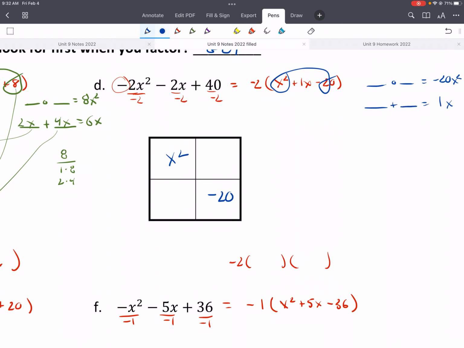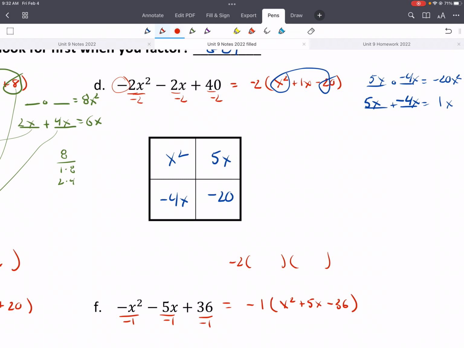So my guess is those numbers are really close. One's going to be positive, one will be negative, like 4 and 5. So 4 and 5 would work. Maybe 5x minus 4x. So we could do 5x and -4x. And then, again, that 5x times -4x does give us that -20.